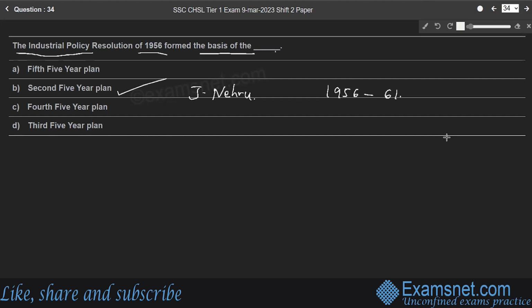The second five-year plan focused on promoting industrialization, particularly in key sectors such as steel, power, and heavy engineering, and on developing the country's infrastructure.